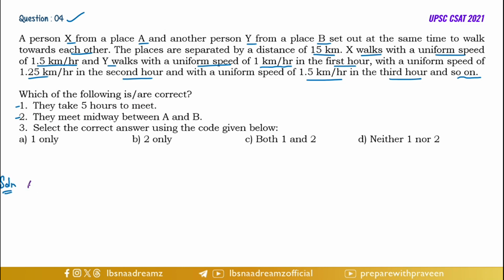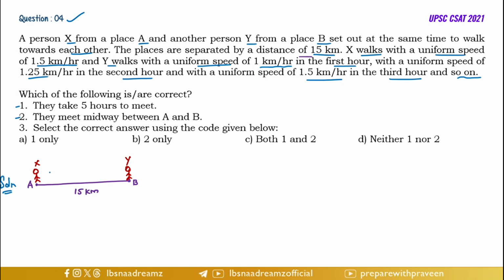So consider place A is here and place B is here. The places are separated by a distance of 15 km. So person X is here and person Y is here, right?